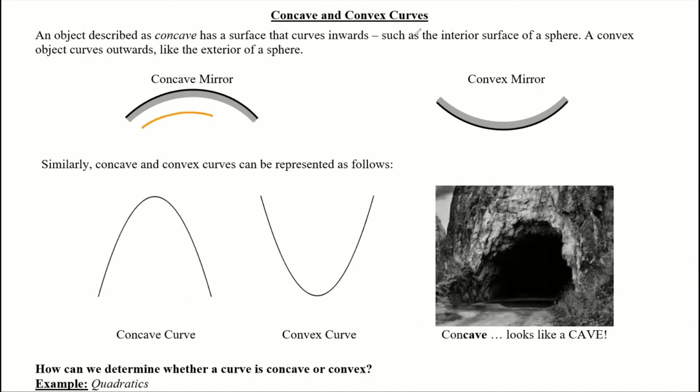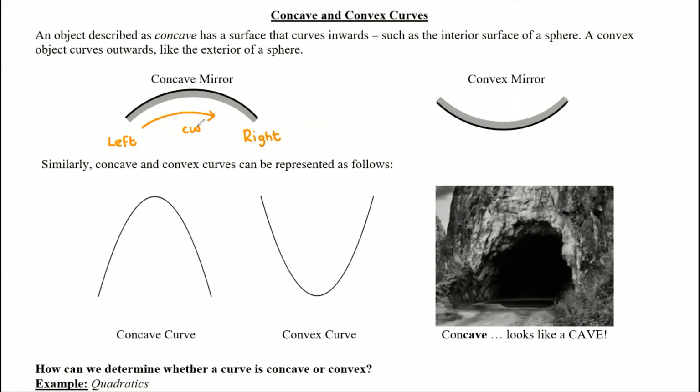So if we go that way from left to right, you'll notice that we're traveling clockwise. So we're moving in a clockwise direction along the surface. So that's an idea of what concave actually means.